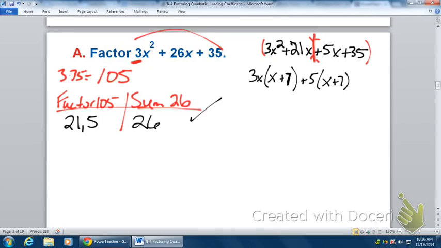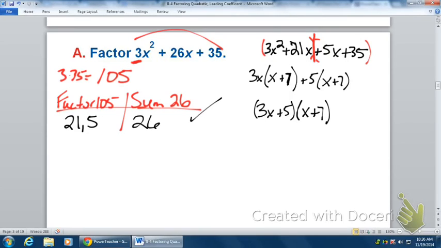So we're good. Last thing you need to do is group your terms together. Whatever's in front of the parentheses, group those together. I have a positive 3x and I have a positive 5. Because I have identical x plus 7s, I can group those together, and I have my x plus 7, and I can drop that down.